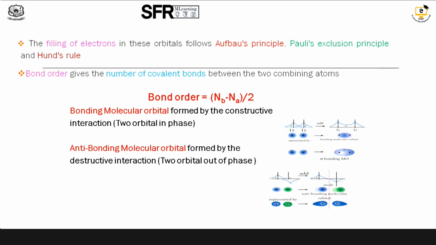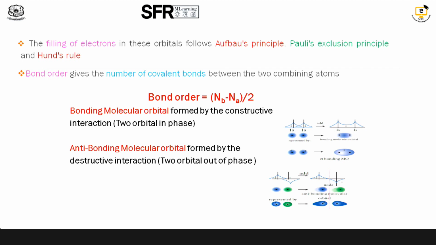Next, how does the MO theory explain how two atomic orbitals combine? Before we discuss that, MO theory also explains one term, bond order. The bond order is the number of covalent bonds present between two atoms.